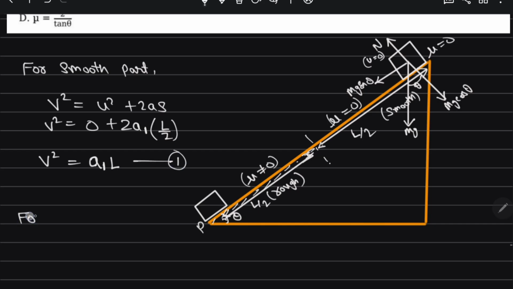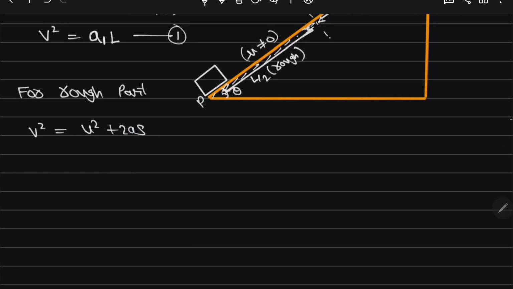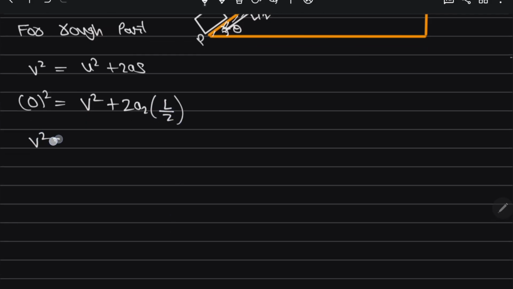For the rough part, again apply the equation v square is equal to u square plus 2as. For the rough part, final velocity becomes 0. That is equal to v square plus 2 times acceleration a2, distance is l by 2. So this v square comes out to be minus a2 l.